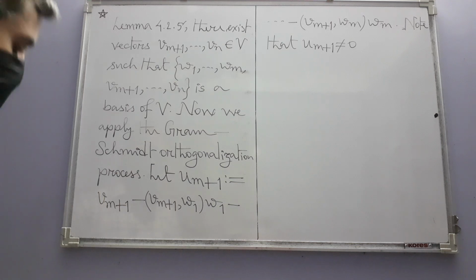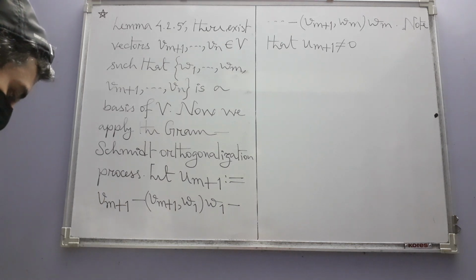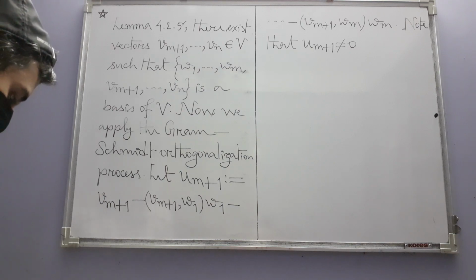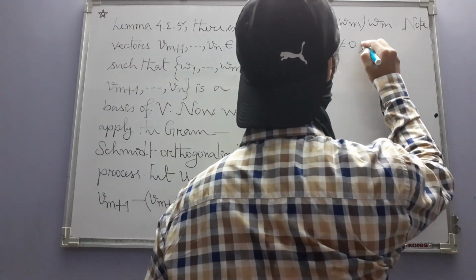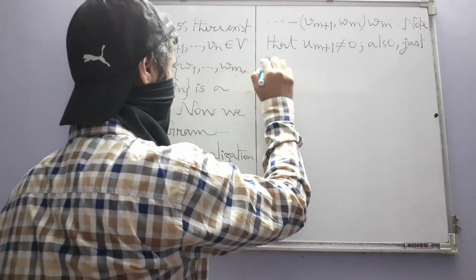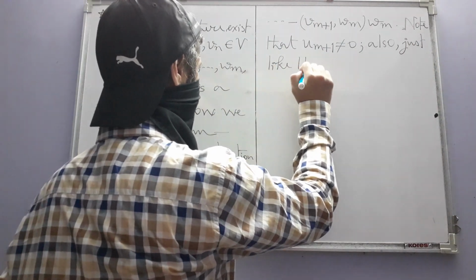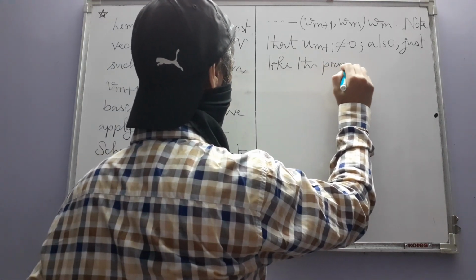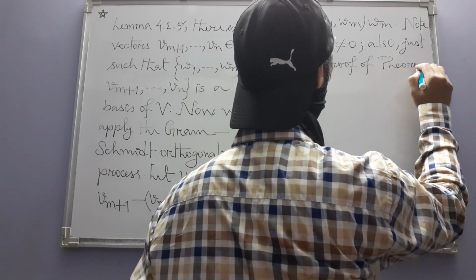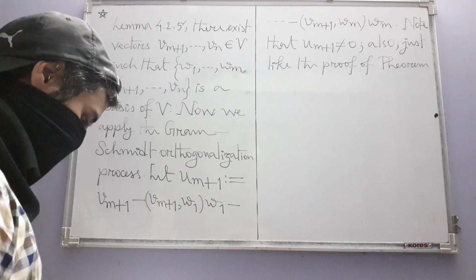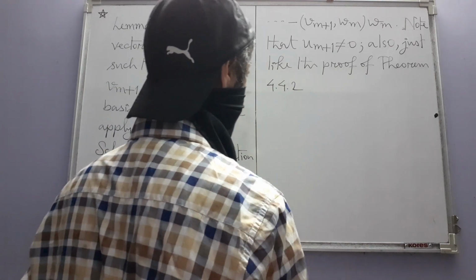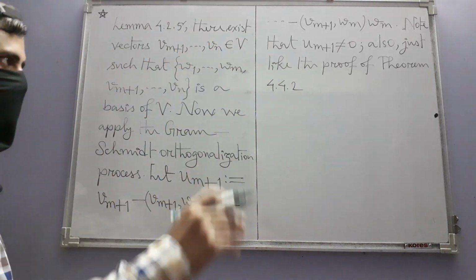And we also know something else from a previous result. Let me write like this. Also, just like the proof of theorem 442, it is that result where we prove that every finite dimensional inner product space has an orthonormal basis.